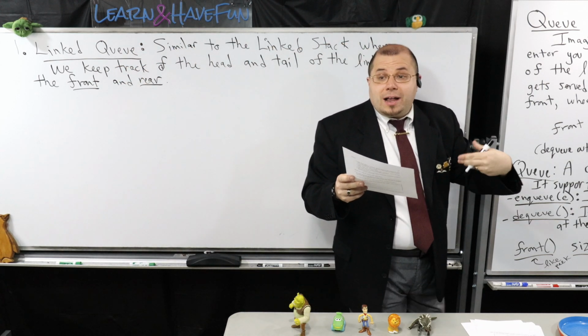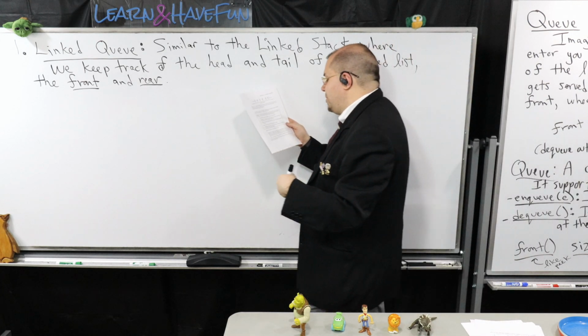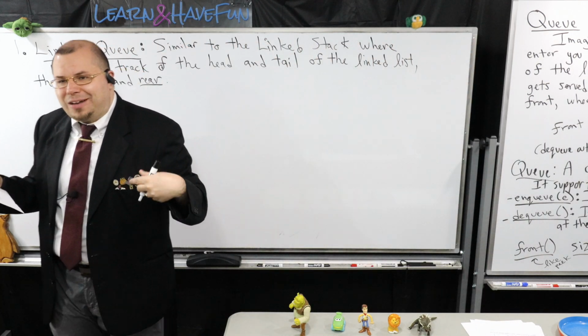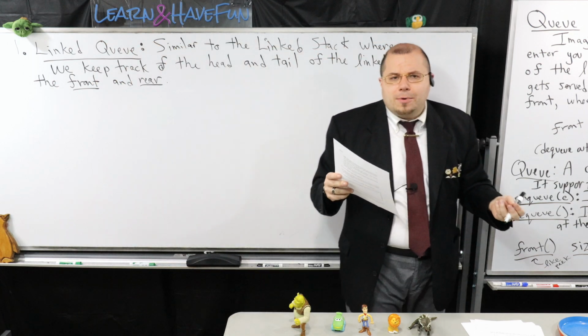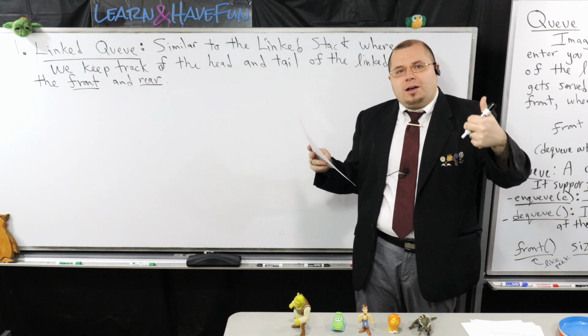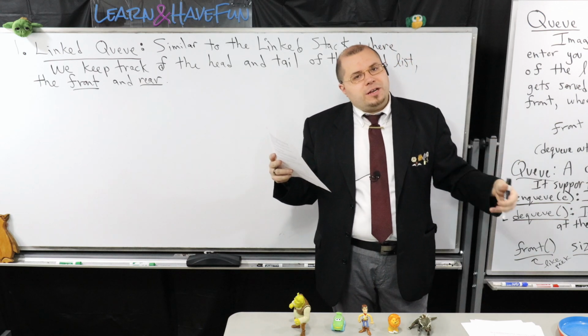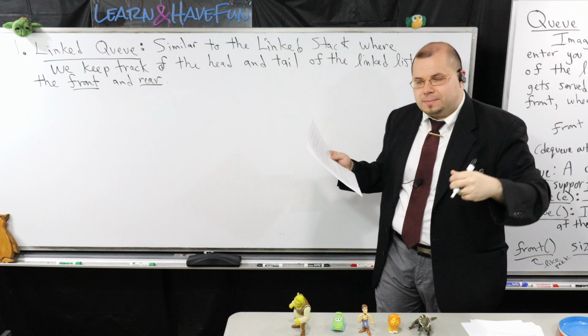Likewise, I'm going to keep track of how many elements I have. So I'm going to have a counter variable that, if ever I insert an element via an enqueue operation, I'm going to increase. Whenever I perform a dequeue operation, I'm going to decrease this counter.